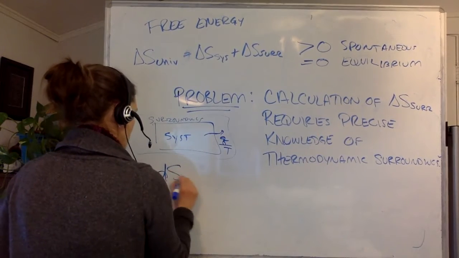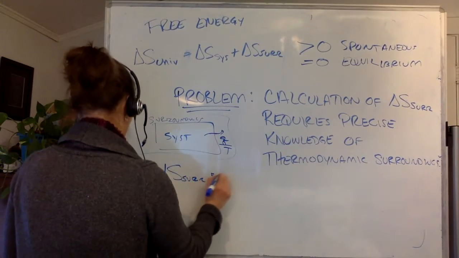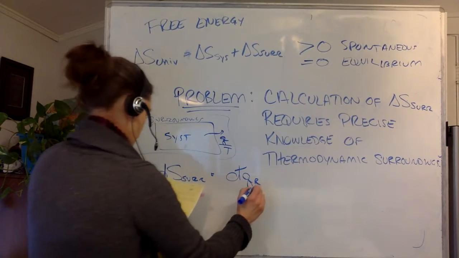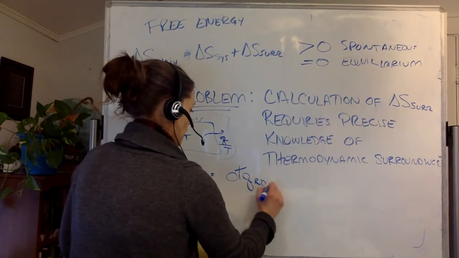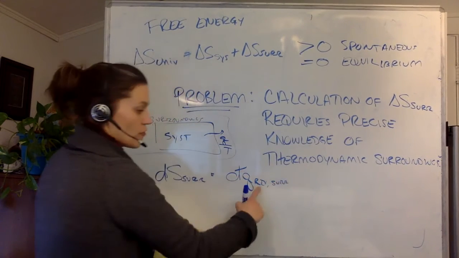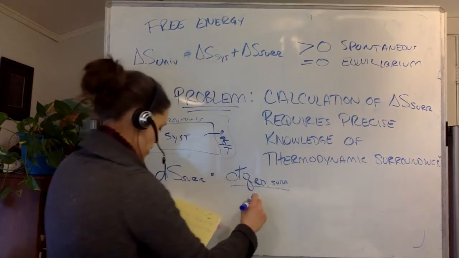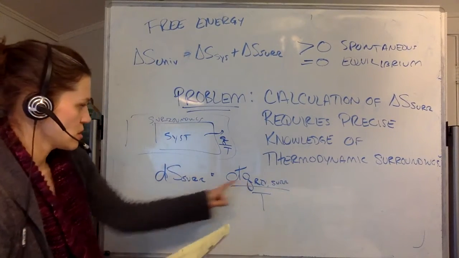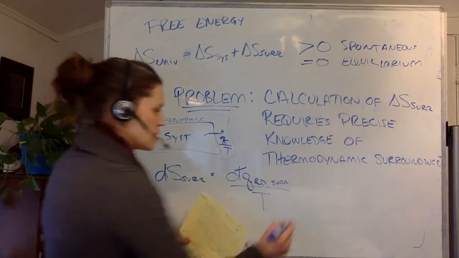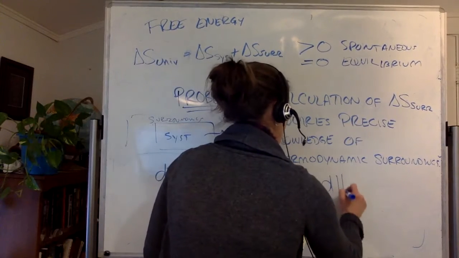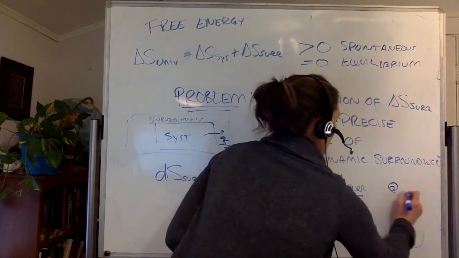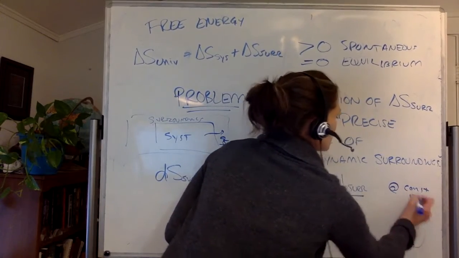So dS surroundings is equal to dq of a reversible process of the surroundings per temperature. So at constant pressure, this becomes dH of the surroundings per temperature at constant P.